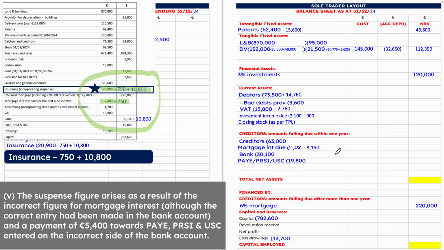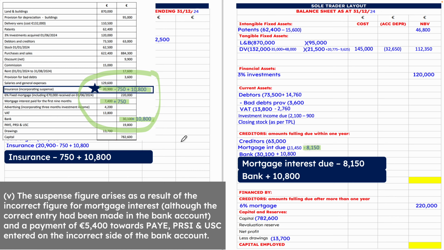So what you can do is just rub that out and then minus 8,150, or you can just put a bracket around the 7,400 and add the 750, but make sure the minus is in front of that, so you're actually minusing the 8,150. Whatever you want to do, just make sure you're minusing 8,150. And then the bank, you are plussing the 10,800 there. And that is the suspense adjustment complete.